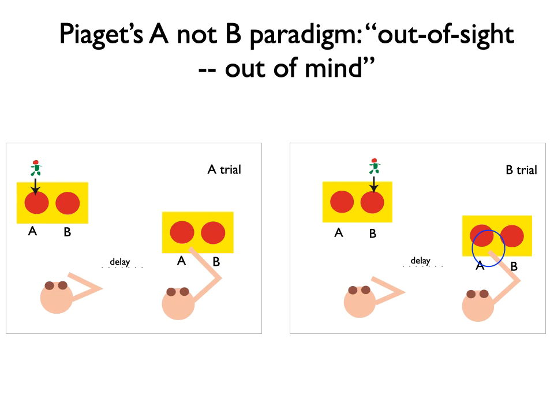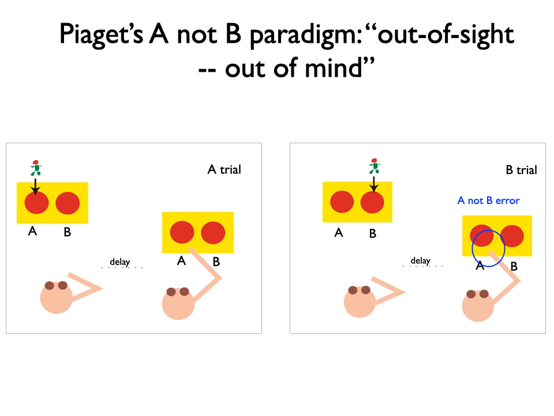This red thing is a lid, and you would hide a toy that they might be looking at as attractive in the A lid, impose a delay, and then push the box into the reaching space, and the infant will go for the lid and maybe go for the toy. You do that a couple of times, and then you hide the toy under the alternative lid, impose that delay, and then you find that the infant may make the A not B error, that is, go to the original A lid.